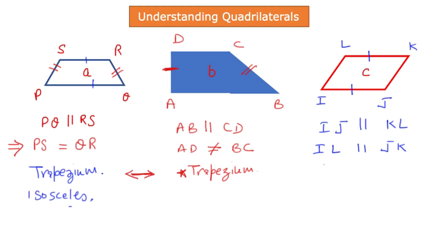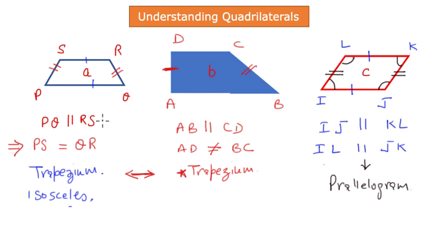Line segment IL is equal to line segment KJ in measurement, and so is line segment IJ to KL. This shape tells us that the opposite sides are equal and the opposite sides are parallel to each other. But the included angle between any two adjacent segments is not equal to 90 degrees. When these conditions exist, such a shape is called a parallelogram.